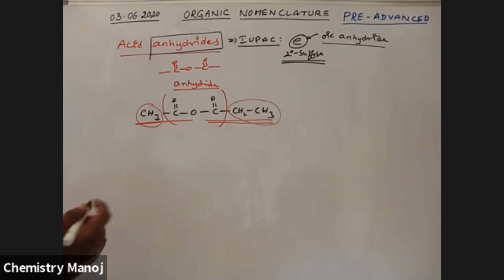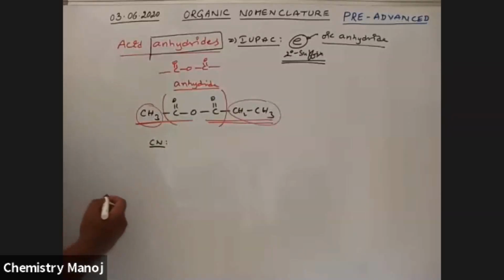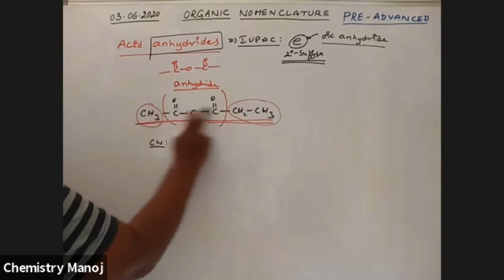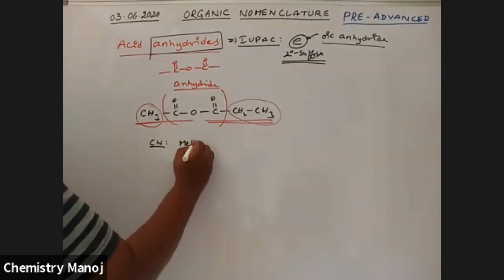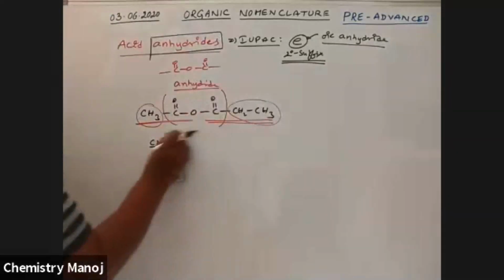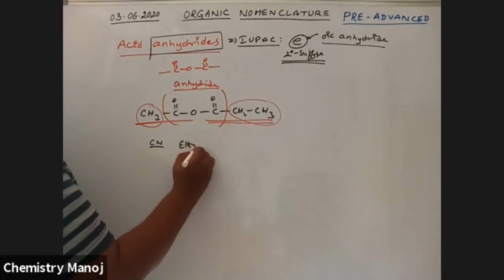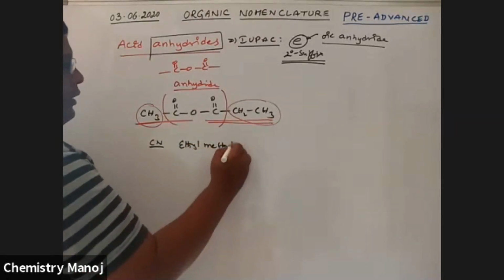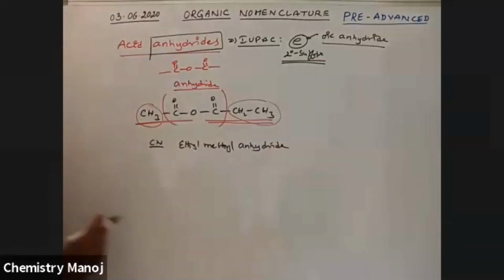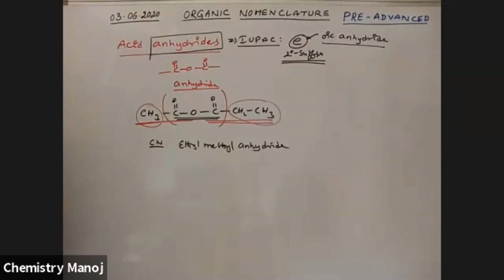So actually, the common name of this one is ethyl methyl anhydride. It is anhydride with a methyl group and an ethyl group. It is also a common name.